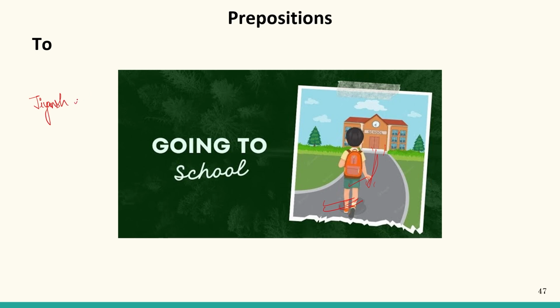So we can say Jiansh is going to school. In this manner, when the destination is defined and clear, we can use to. But if the destination is not clear, and we cannot conclude where that thing goes or reaches, we use towards.